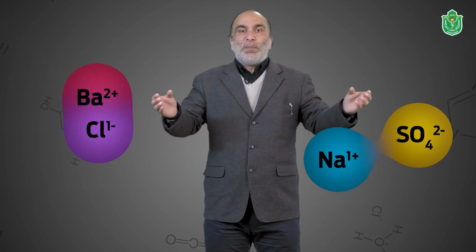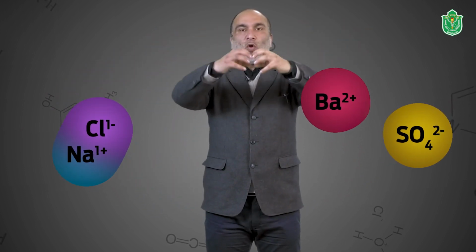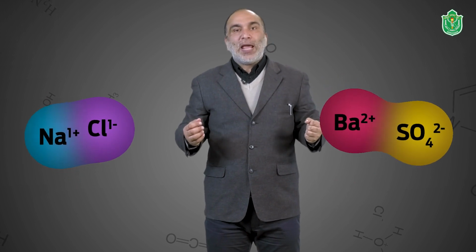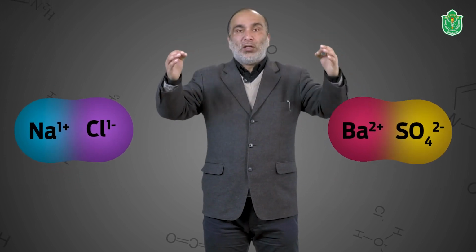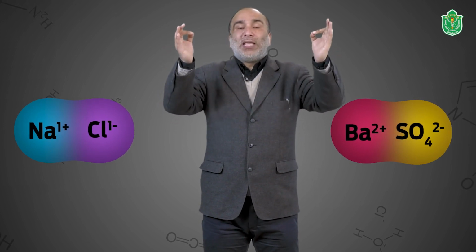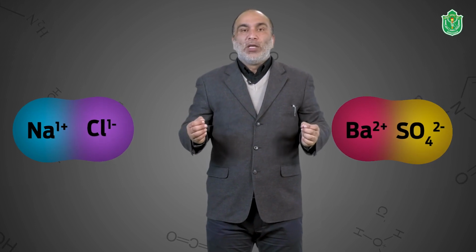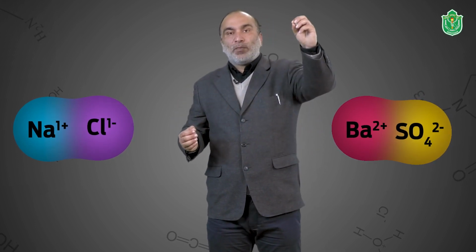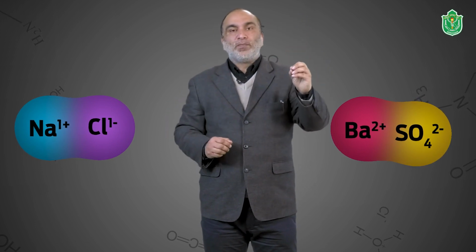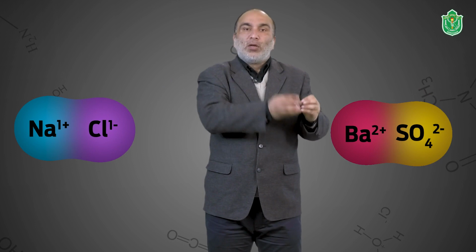And when we mix the two solutions, and now all these ions come in contact with each other, there takes place the exchange of ions. When I say exchange of ions, the ion barium goes with sulfate, and the ion sodium goes with chlorine.